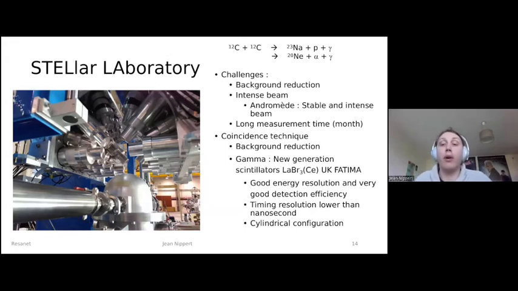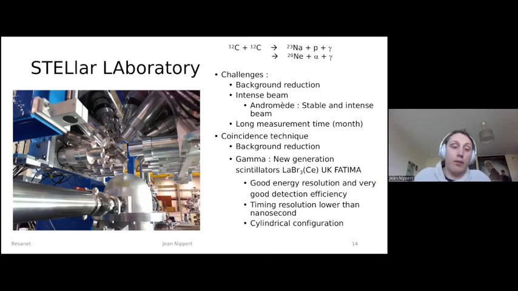We are talking about months of measurements. I recall carbon-12 plus carbon-12 gives you sodium-23 plus proton plus gamma, or neon-20 plus alpha plus gamma. So what STELLA is using is a coincidence technique, a coincidence between charged particle and gamma.